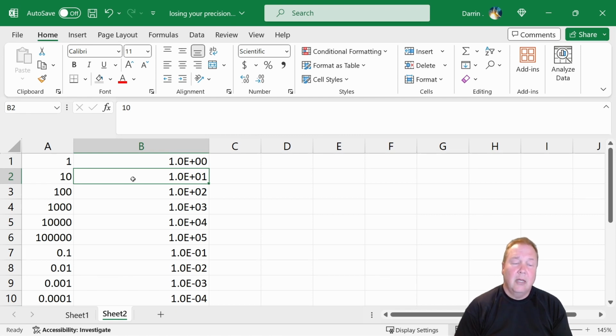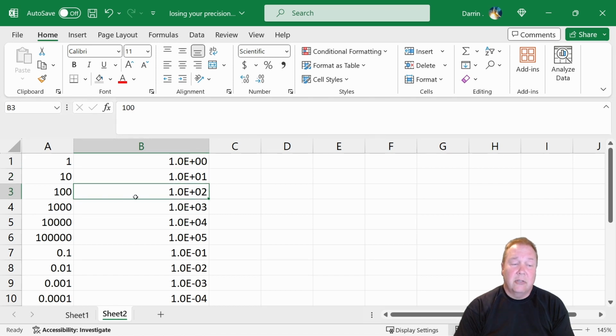Well, what is that? All you're saying is, okay, I have 1 as the last part of the number here, so I'm going to move the decimal place one spot over to the right, which makes it bigger.